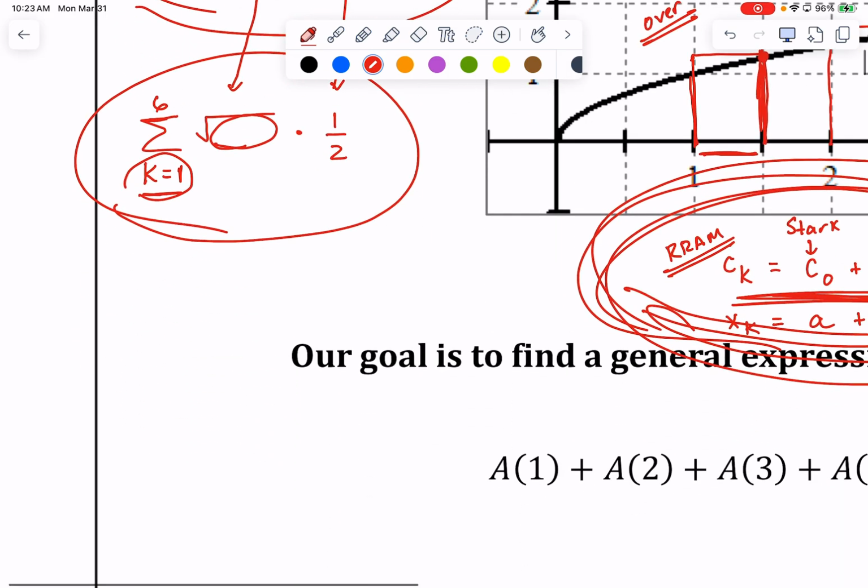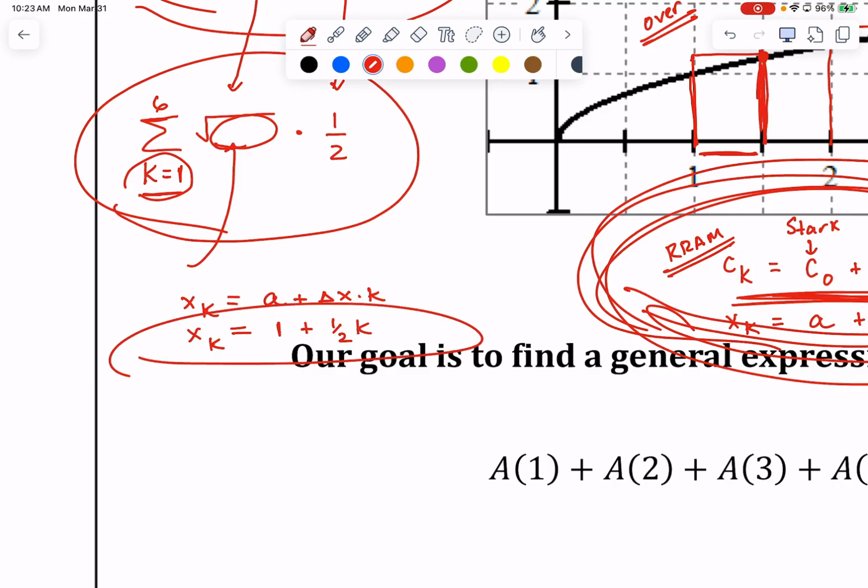What I'm plugging in for the height every time to get an RAM is that x sub k. So it's your start plus delta x times k. What's my start value? 1, plus what's delta x? 1/2 k.